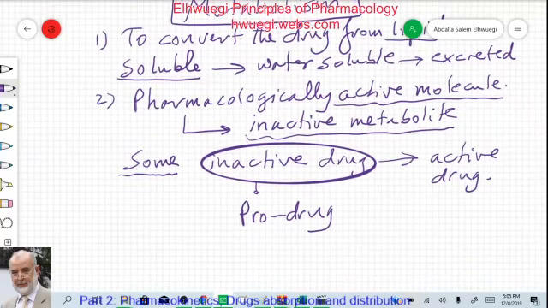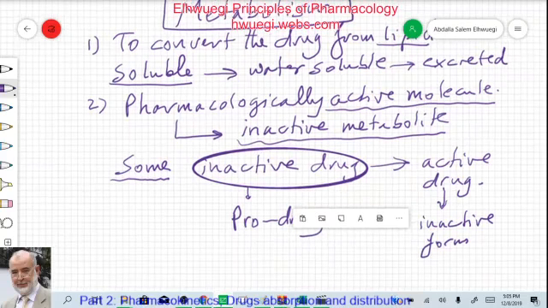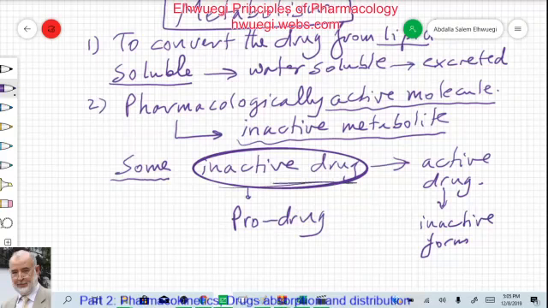The active form can produce action, then it will be further metabolized to inactive form. So if it converts inactive drug to active metabolite, in this case, the drug is known as prodrug.